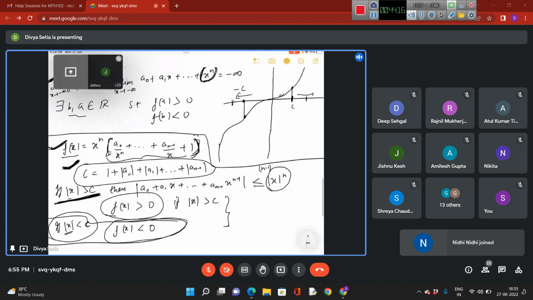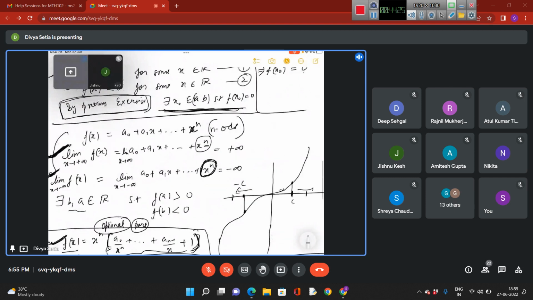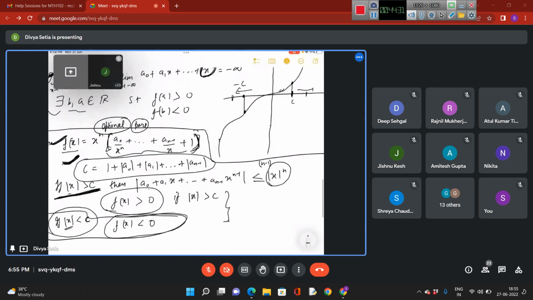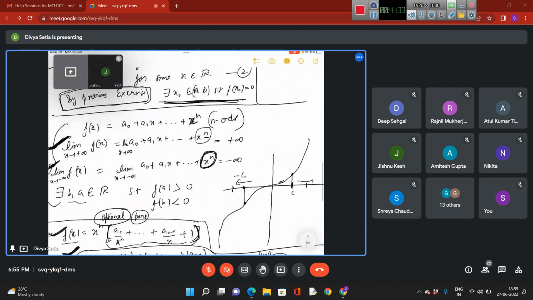This is just an optional part if you want to do it. But at least if you write this much stuff, it is okay. Anyone can understand, because this part is not easy to calculate. Fine. At least you got an idea how to solve the problem.